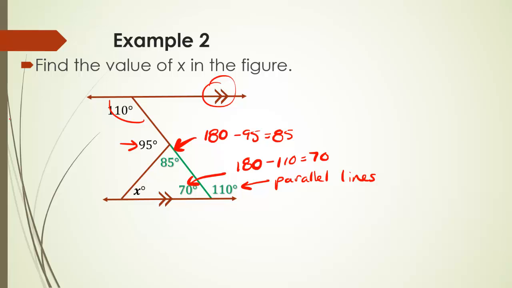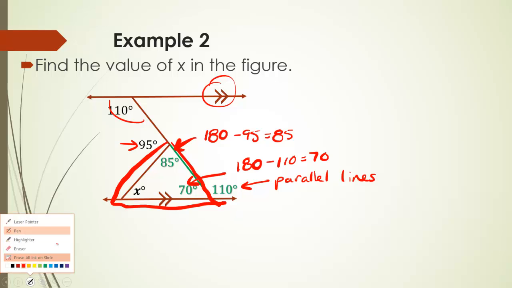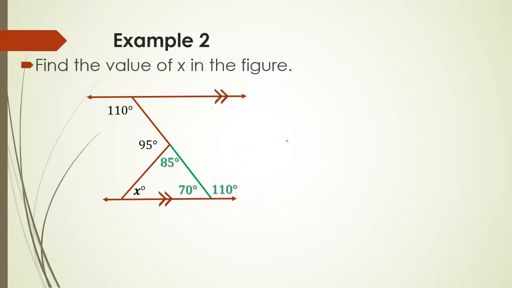However, if you notice, this figure forms what? It forms a triangle. So, if this is a triangle, we have 85, that's this one right here. The other interior angle is 70, and then x.